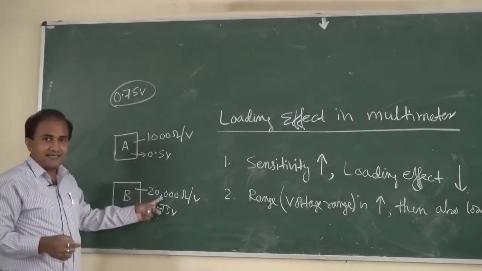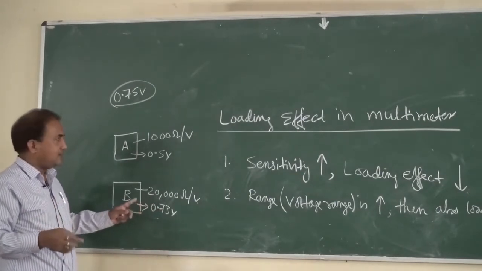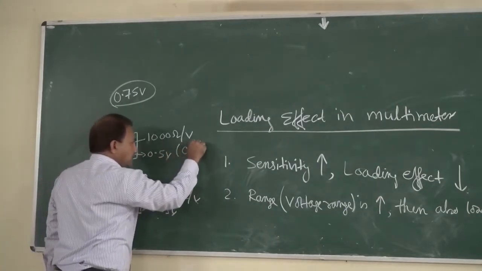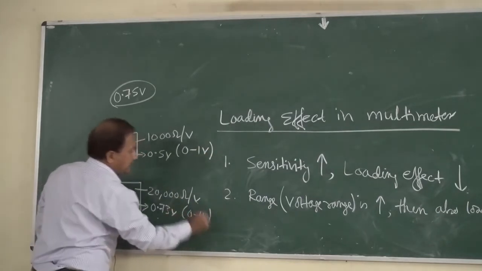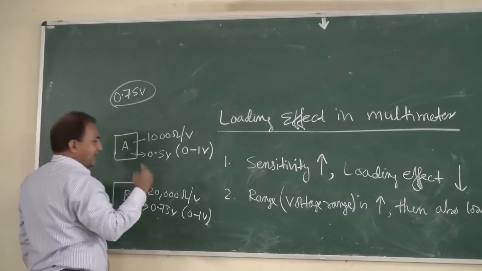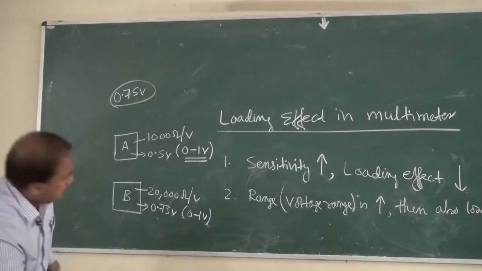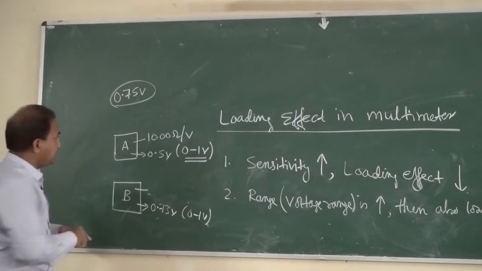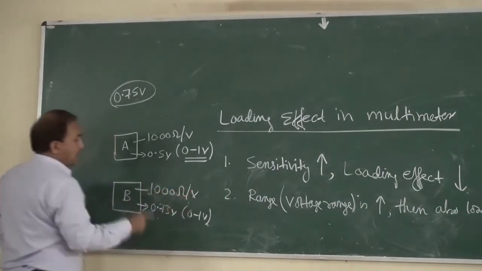So if sensitivity increases, then accuracy of measurement also increases. Both multimeters were at the 0 to 1 volt range. Now, if we increase the voltage range, suppose the same meter, the same sensitivity meter, 1000 ohms per volt.